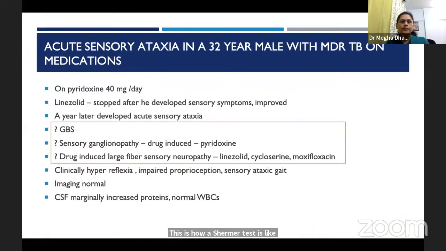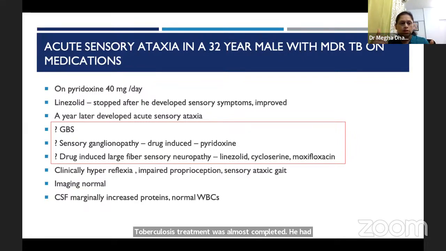All right. There was a 32-year-old male who was referred to us with an acute sensory ataxia, and he was being treated with MDR TB medications. He was a case of MDR tuberculosis. Treatment was almost completed; he had taken a year of treatment.